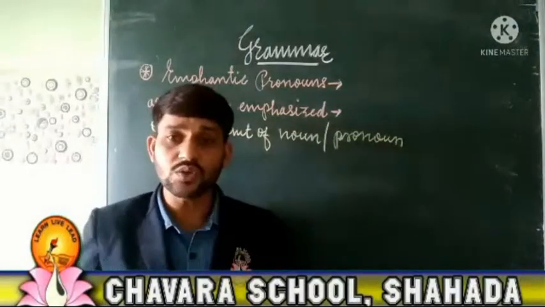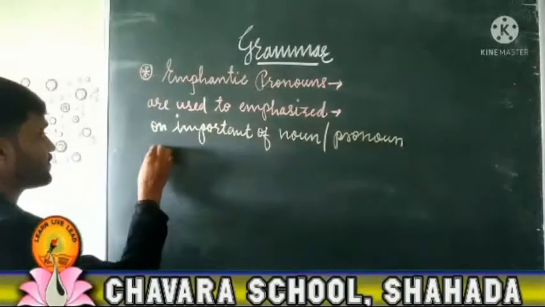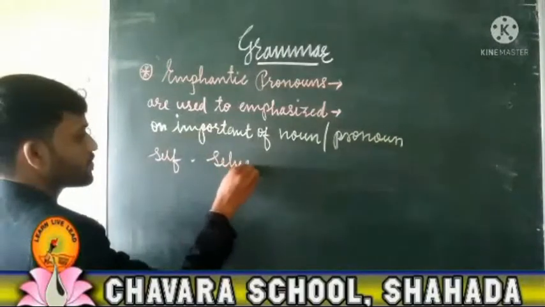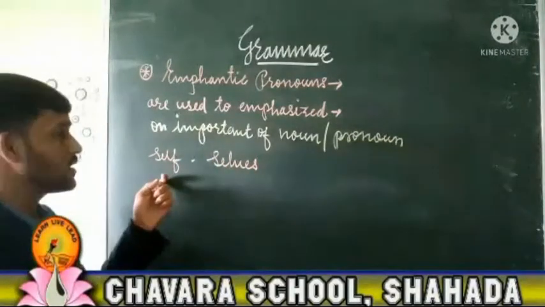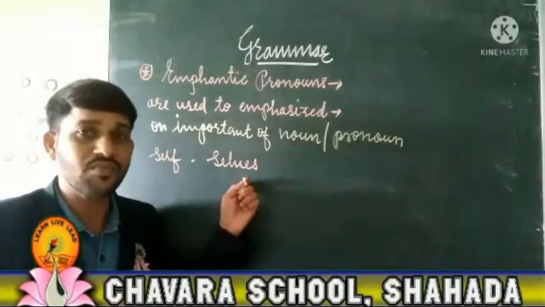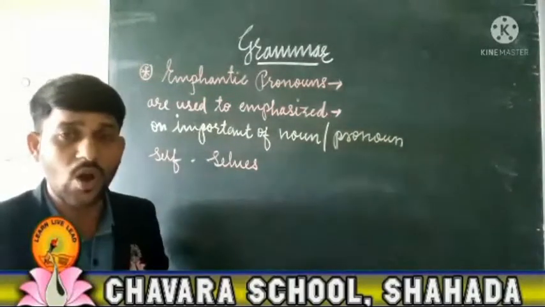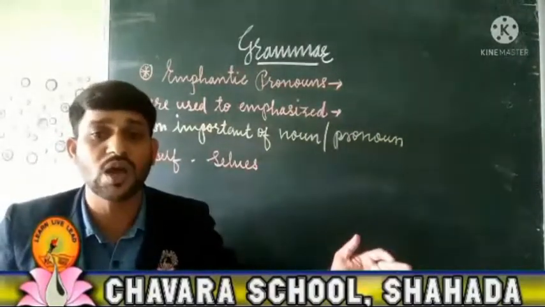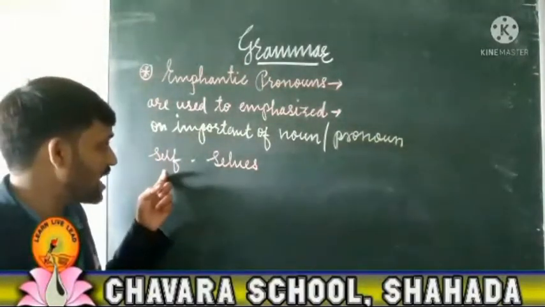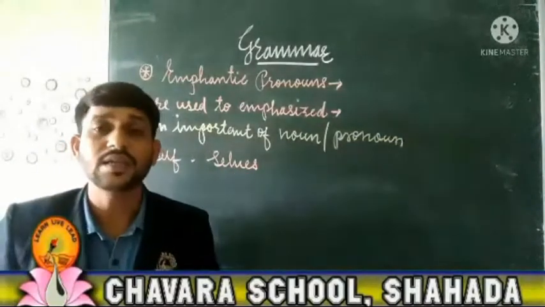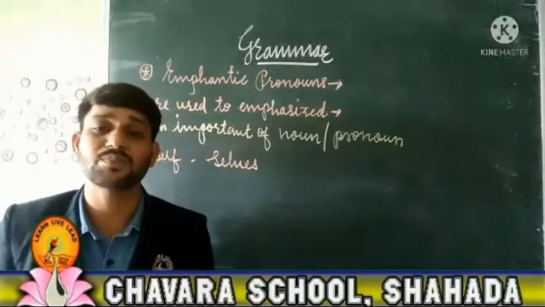Also, they use self and selves: self for singular and selves for plural. The function of emphatic pronouns is different from reflexive pronouns, but we add self and selves in both. Let us see examples of emphatic pronouns.